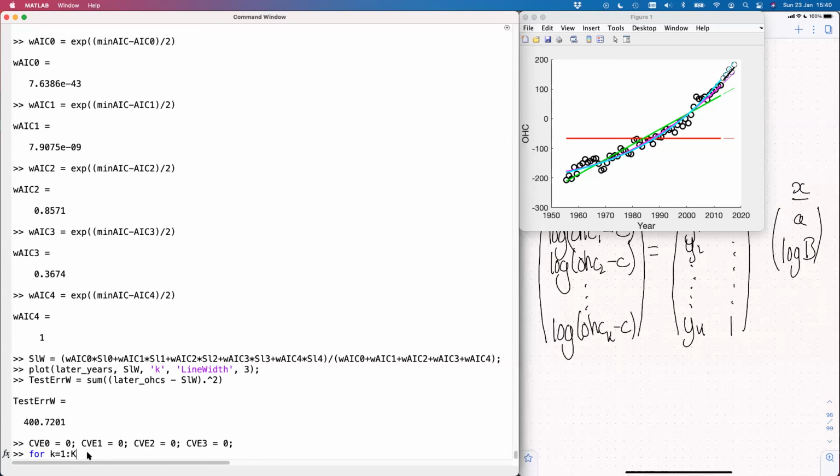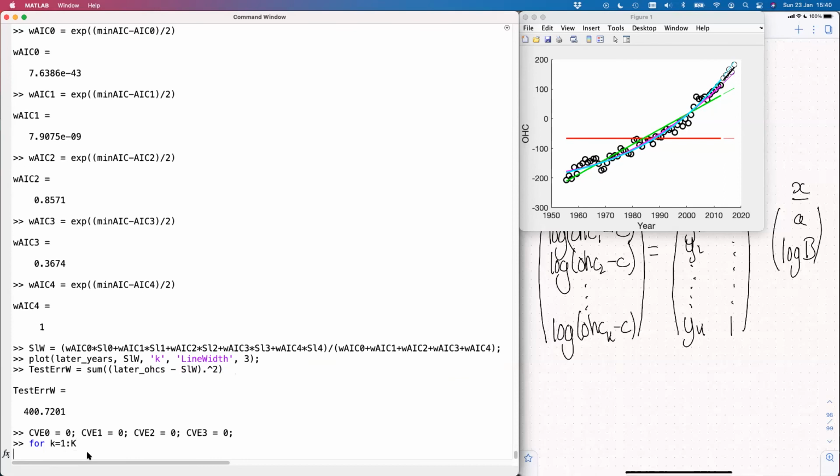So for each of our data points, the first thing we're going to do is to construct our cross-validation data set. I'll call it CV ocean heat contents. And that's our full set of data points that we fit the model to, the ones in bold here, minus the kth one. So I'm going to extract that by indexing our full set of data with this MATLAB operation, setdiff(1:K, k).